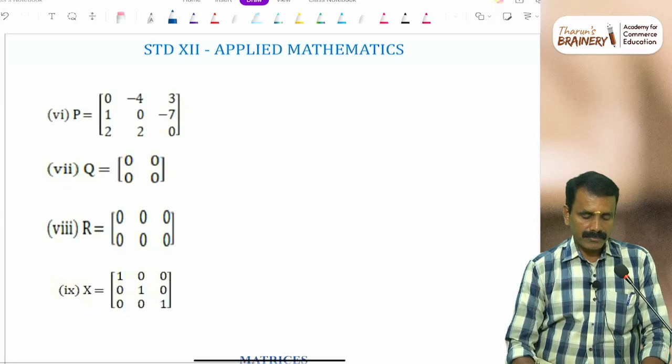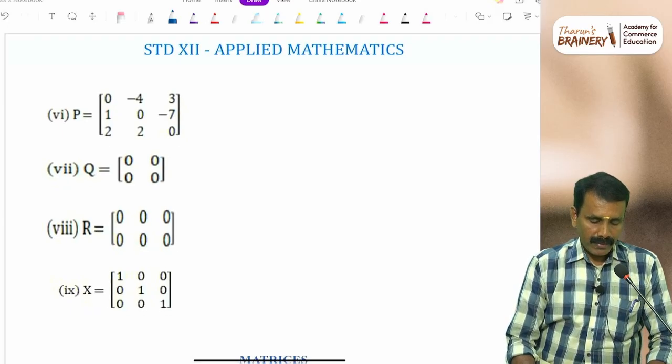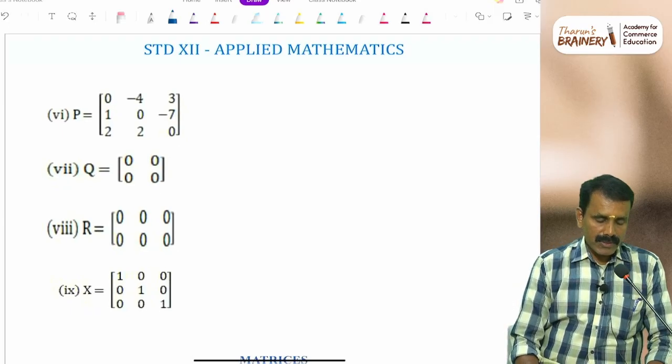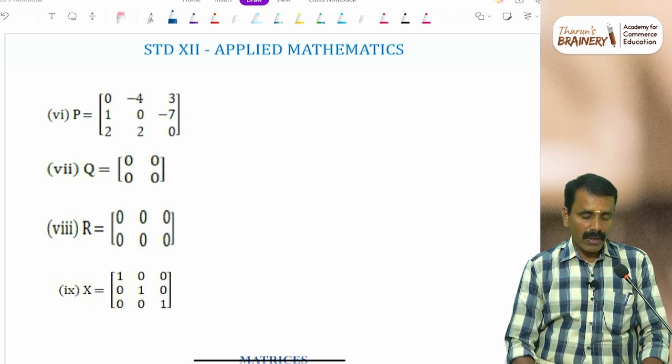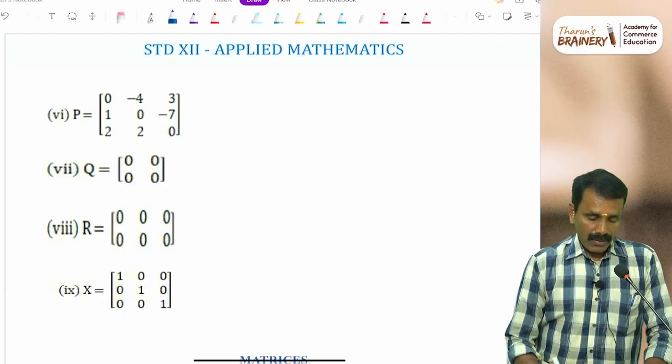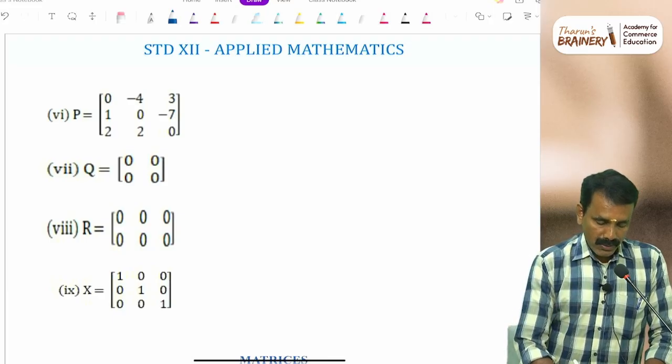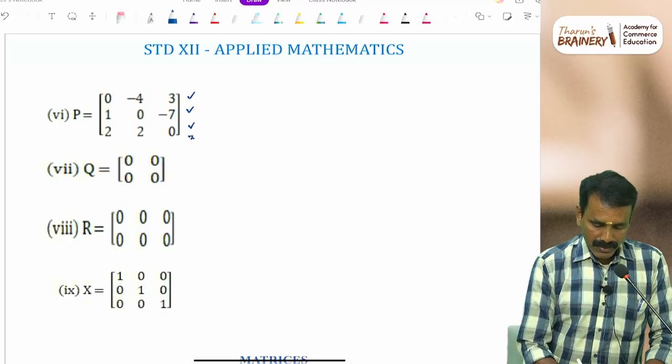Now, see this one. P is equal to [0, -4, 3; 1, 0, -7; 2, 2, 0]. Is it clear? Now, we see that it has first row, second row, third row. So, it is going to be 3 rows, and first column, second column, third column.